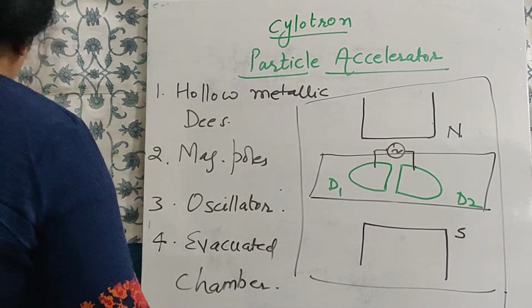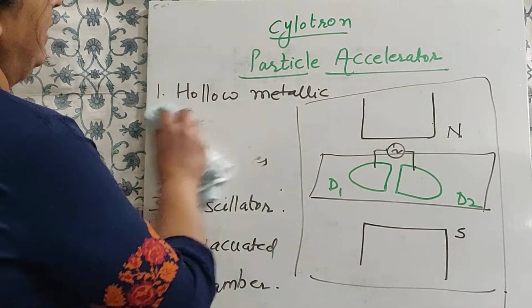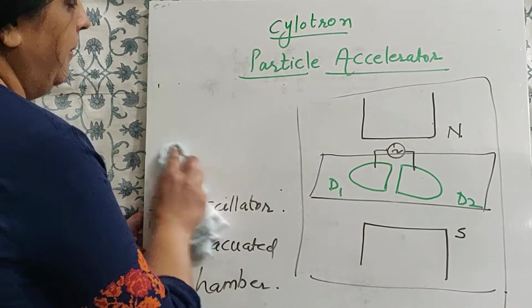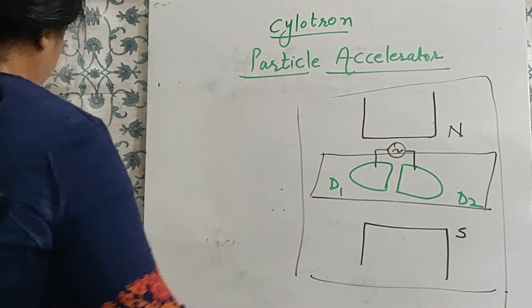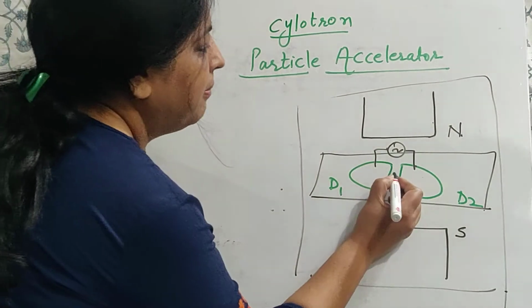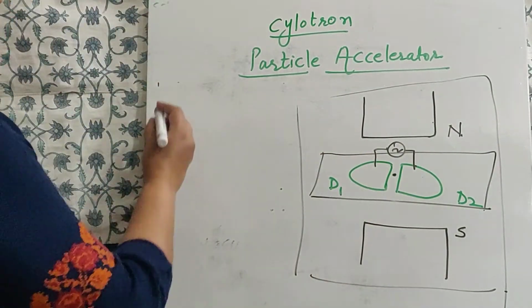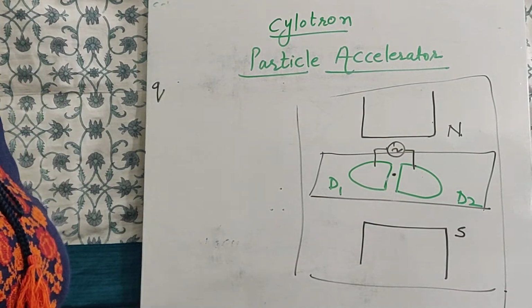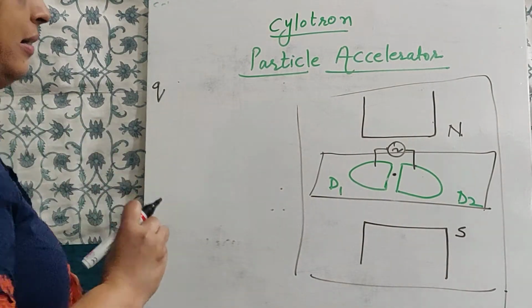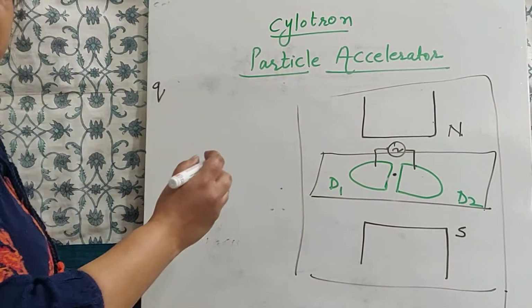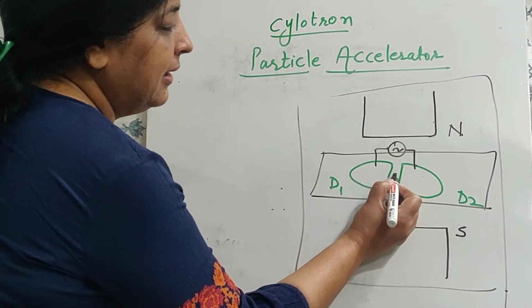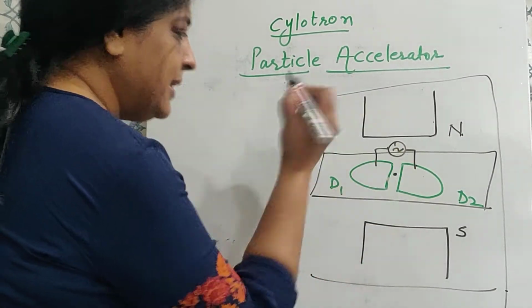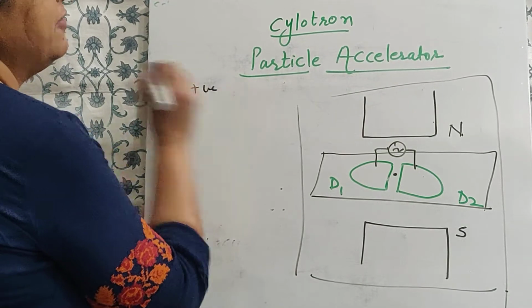So basically, there is a charged particle that is allowed to come here. So let us say Q is the charge of the particle, and it is present just in between the two metallic Ds. Now, this charged particle has a positive charge.